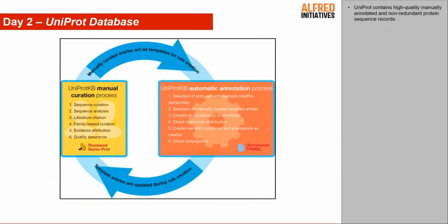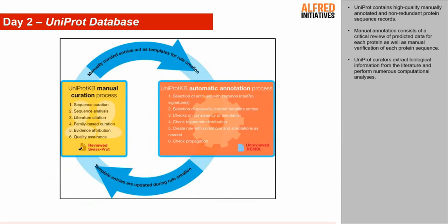UniProt contains high-quality, manually annotated and non-redundant protein sequence records. Manual annotation consists of a critical review of predicted data for each protein as well as manual verification of each protein sequence. UniProt curators extract biological information from the literature and perform numerous computational analyses.